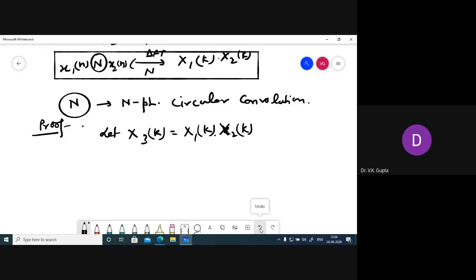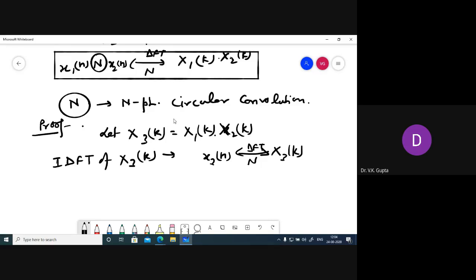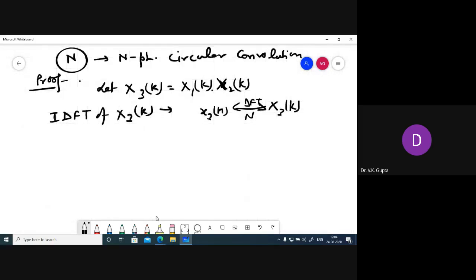This is the multiplication of two DFTs. Then take the IDFT of X3(k). Let x3(n) have N-point DFT X3(k). Then the IDFT of X3(k) will be from the formula.